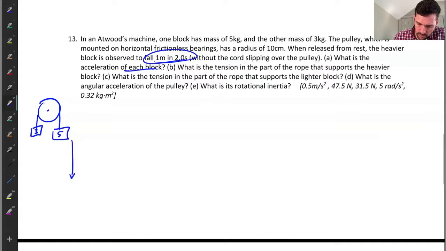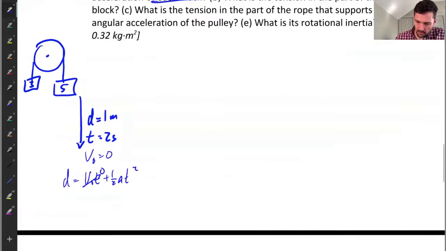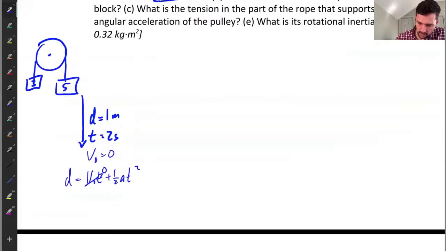So this is going to fall 1 meter in 2 seconds, and assuming that its initial velocity is 0, d equals v0 t plus 1/2 a t squared, kinematics, where its initial velocity is 0, that lets us find the acceleration of the 5 kilogram block, and thus basically all the other things as well.